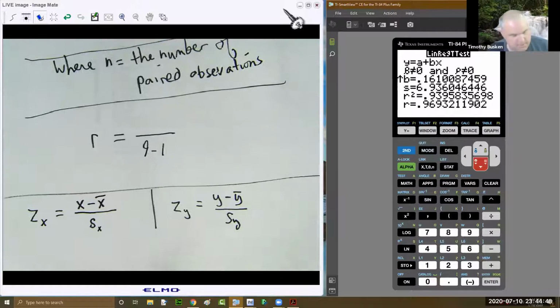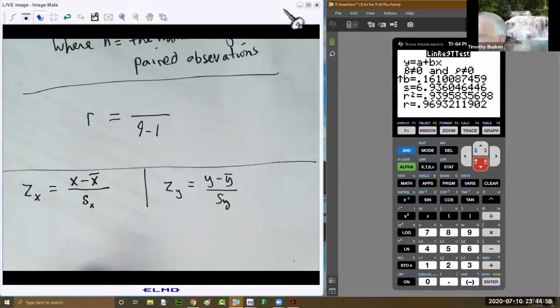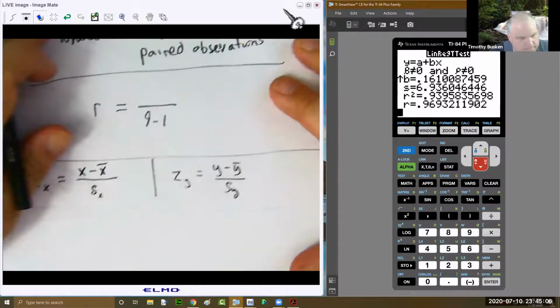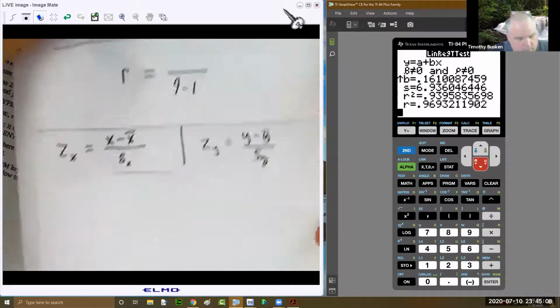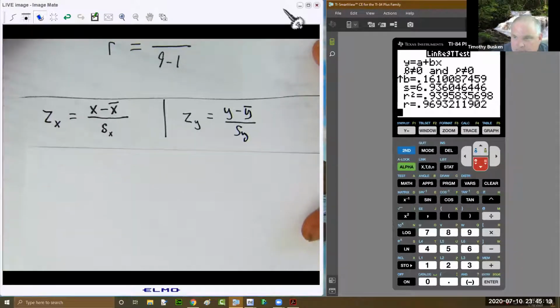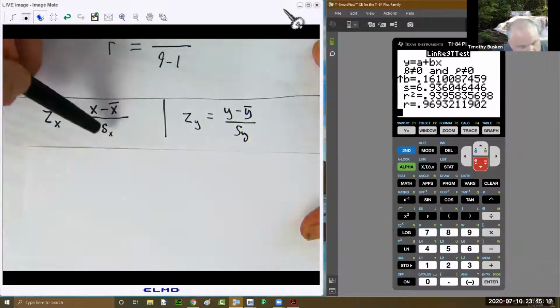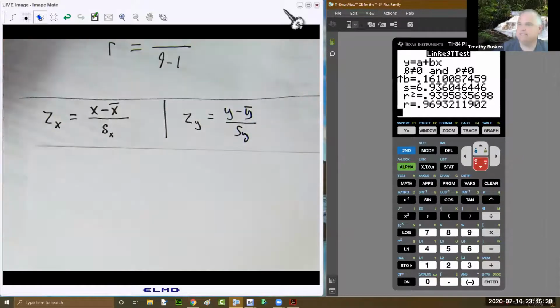Grab another sheet of paper here. Before I find the z-scores, I think it's a good idea to find values for x bar, y bar, sx and sy.